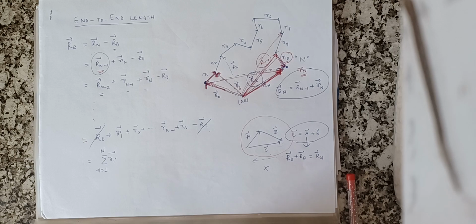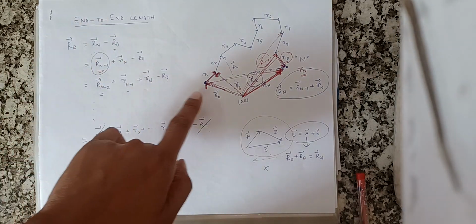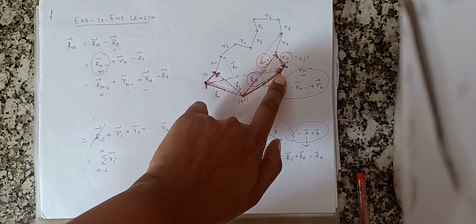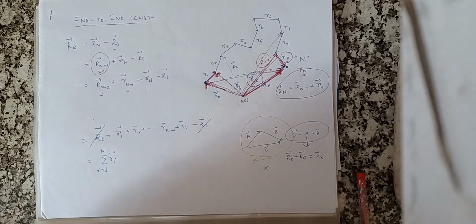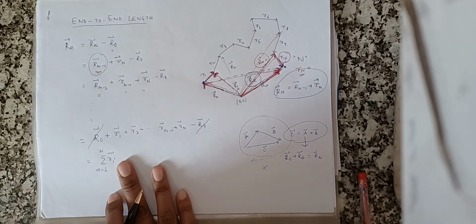Now we gradually moved from a reference frame where we were considering an origin, directly on top of the polymer itself, right? So we are traversing along the polymer through the bond vectors and summing it up. This is how you get the expression for Re.